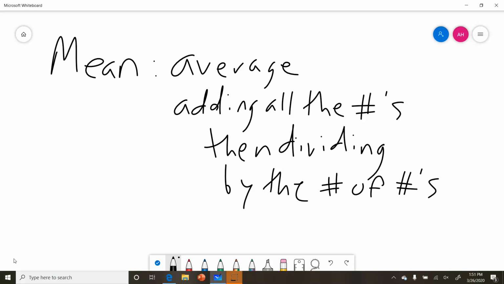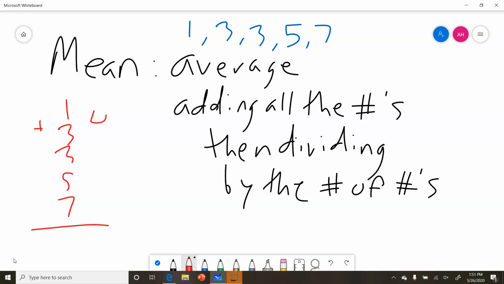So if we have these numbers up here, let's do it again: 1, 3, 3, 5, and 7. What we do is we add them all together. So we go 1 plus 3 and 3 and 5 and 7. So we have 4, then we have 7, 12, and our total is 19.